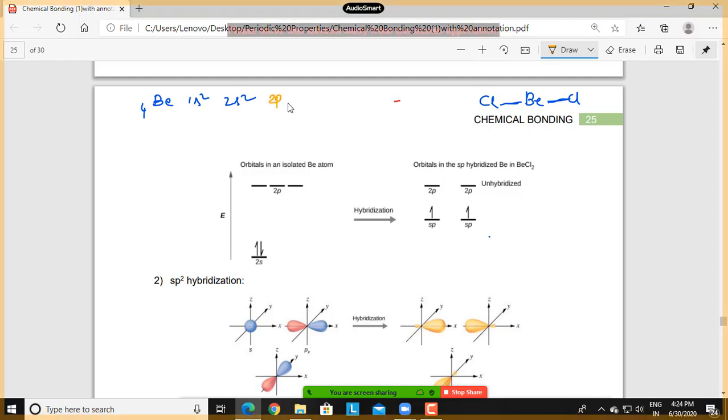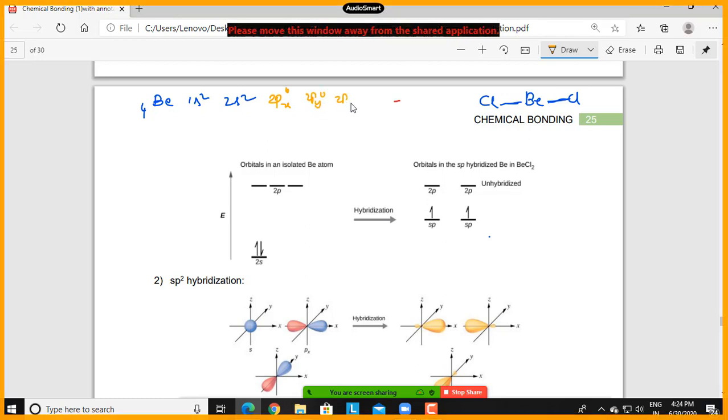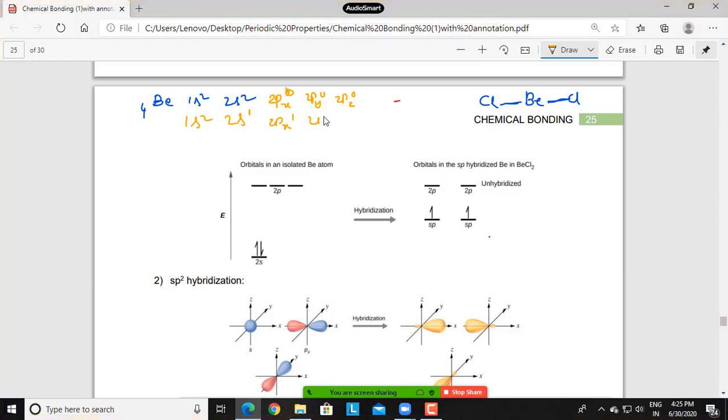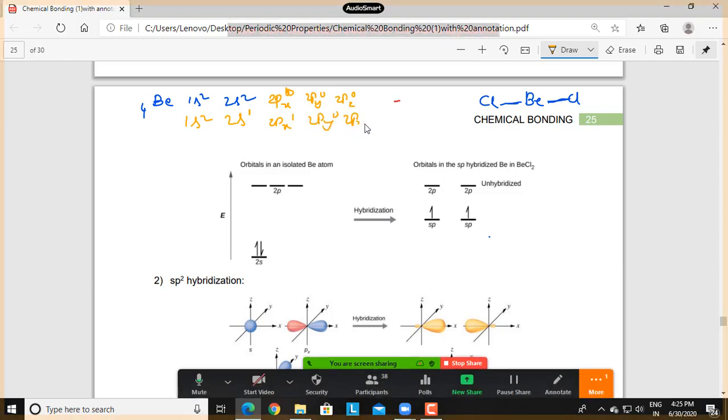Suppose 2px1, 2px0, 2py0, 2pz0. In the ground state this will be there, but in the excited state, what will happen? From 2s2, one electron will jump to 2px1. It was 0, now it becomes 1. 2py0, 2pz0.